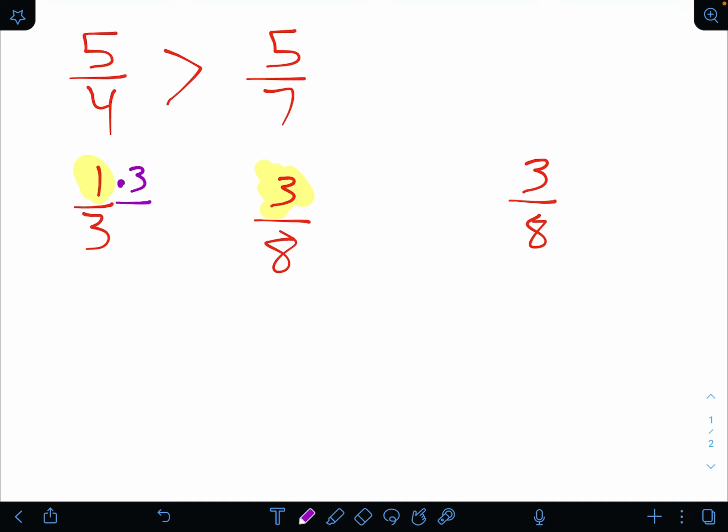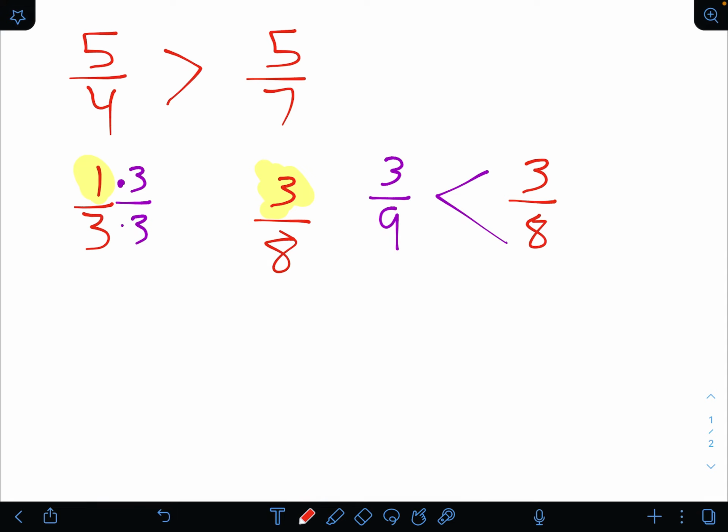So I got to do the bottom, times that by 3. So now my new fraction, which is the same as the old one, just scaled up a little bit, is 3/9. Now which one's bigger, 3/8 or 3/9? And you may say, oh, 3/8, because even though there's less pieces of that candy bar, there's going to be bigger pieces. 3/8 is bigger.